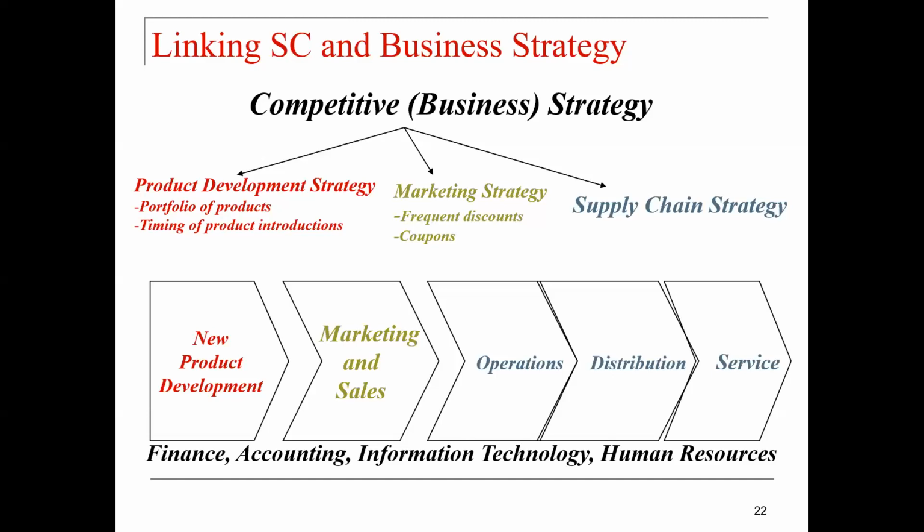We have a product development strategy and a marketing strategy, and the supply chain strategy is tied to those two. In this diagram, we have new product development, marketing and sales, operations, and distribution and service, which is at the end of the line.